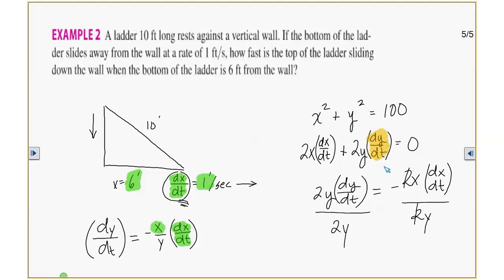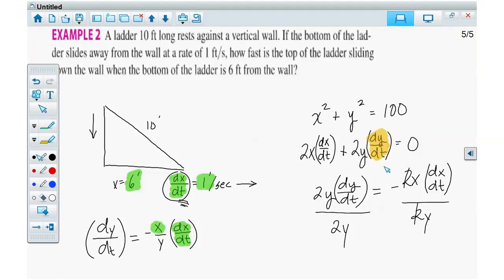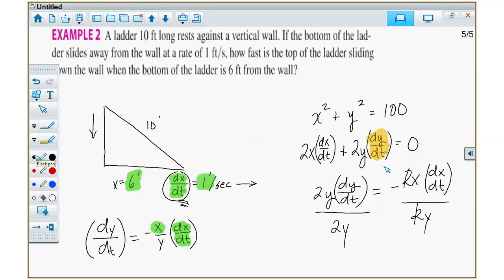We need y. Can we get y? Yes, Hubert. How? I want y'all to answer, I want y'all to interact with me. Pythagorean theorem. Hopefully y'all are starting to see that 90% of this is all stuff that you know.